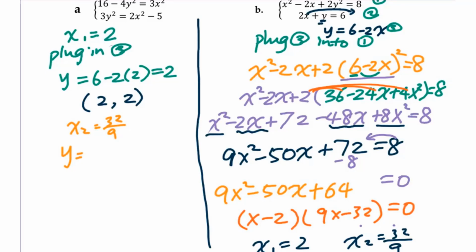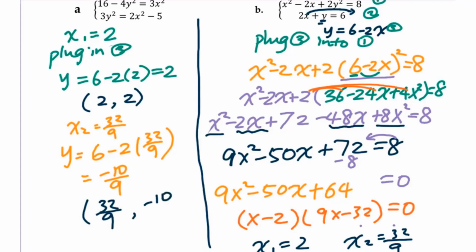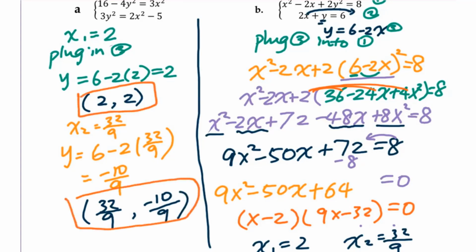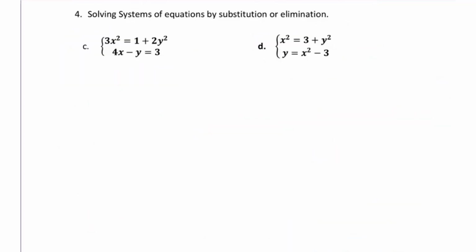Y equals 6 minus 2 times 32 over 9. You will get negative 10 over 9. In other words, we have (32 over 9, negative 10 over 9). So we have two solutions to this system of equations.